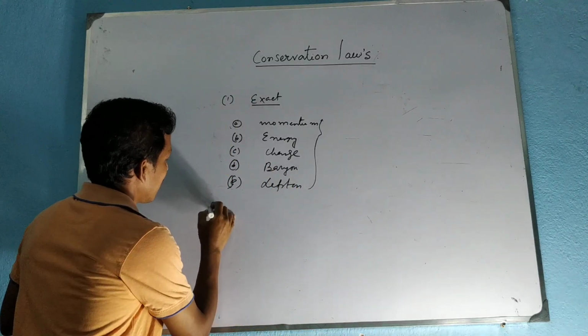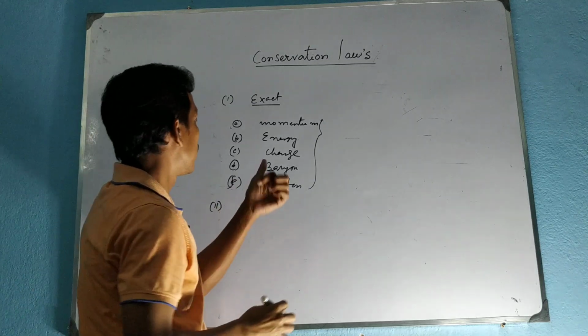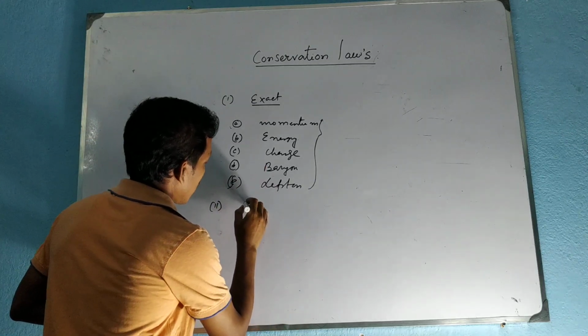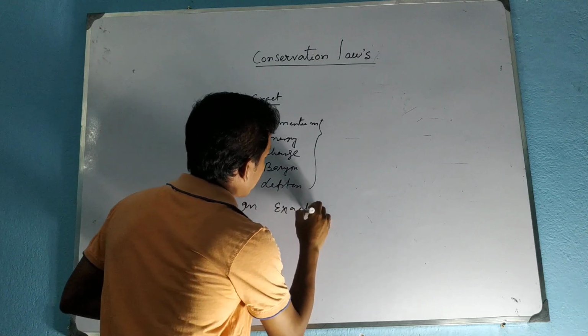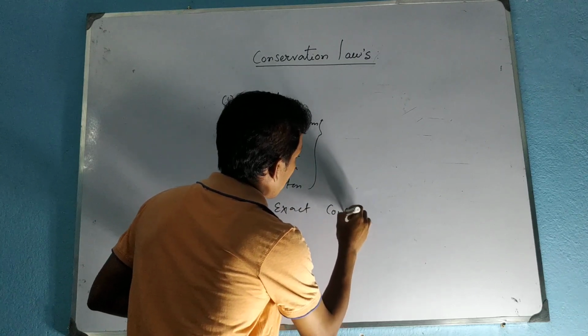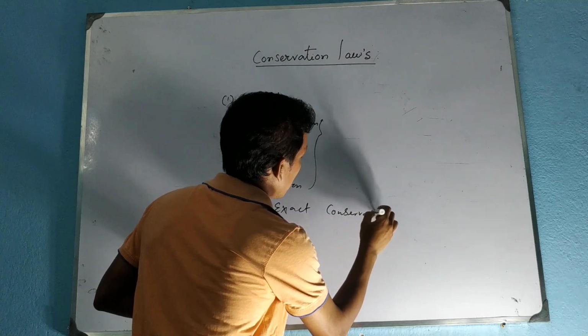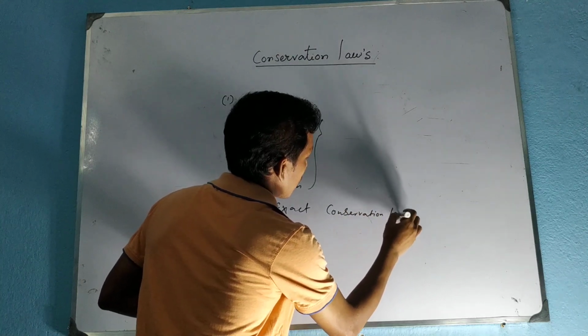Now, the second type of conservation laws is inexact conservation laws.